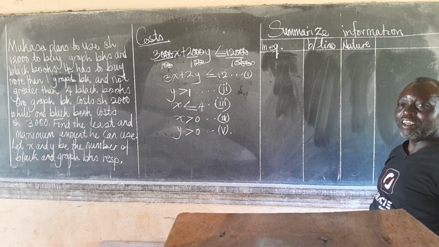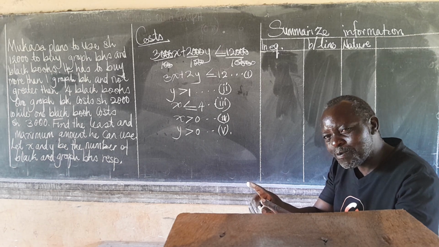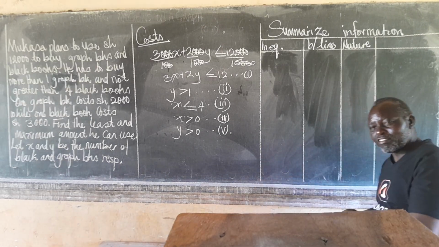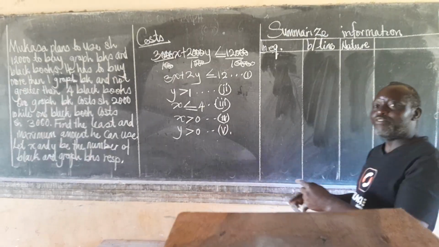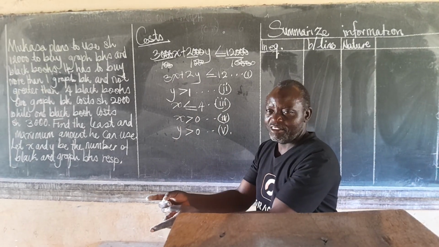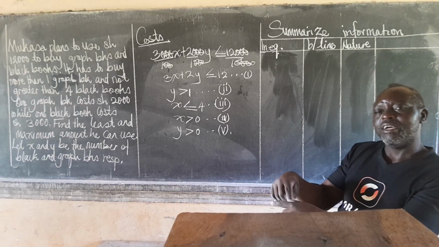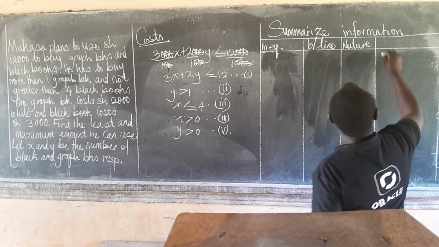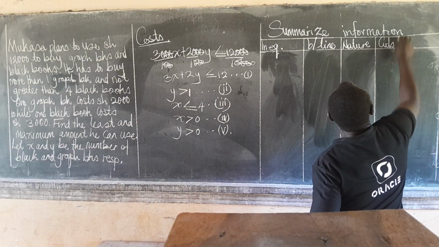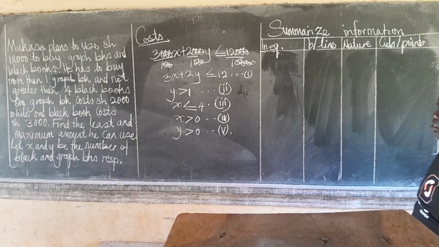After the nature, we look for either the cuts or the points. We said the other time that if we have x and y, we look for the cuts. If we have either x or y only, we look for the points. So here we have the cuts or points.